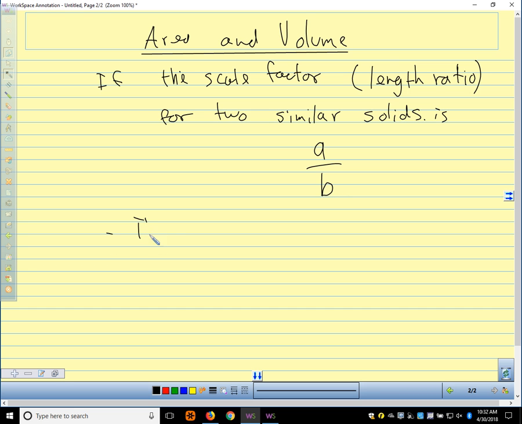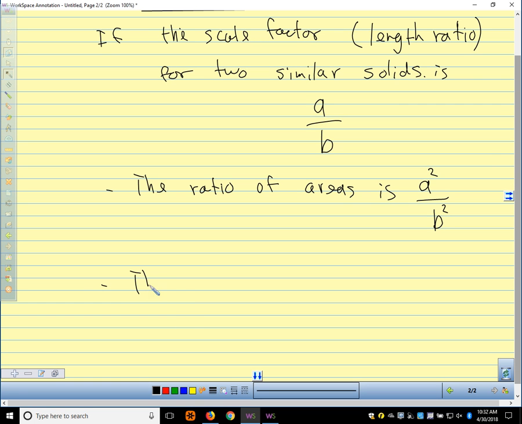The ratio of the areas is just like when we talked about two-dimensional shapes, A squared over B squared. We square the length ratio to get the area ratio. The ratio of the volumes is A cubed over B cubed.